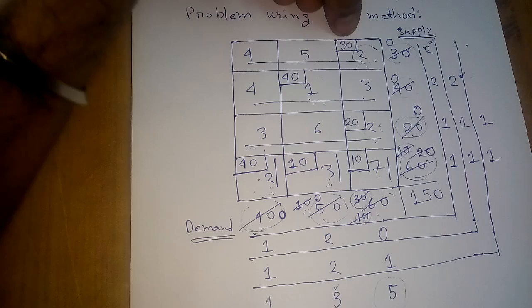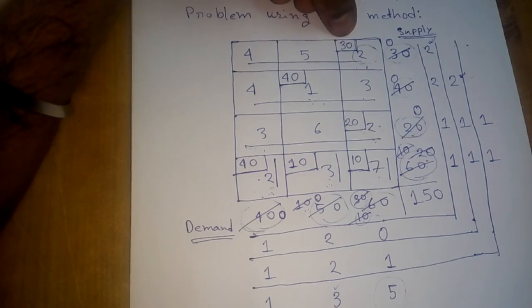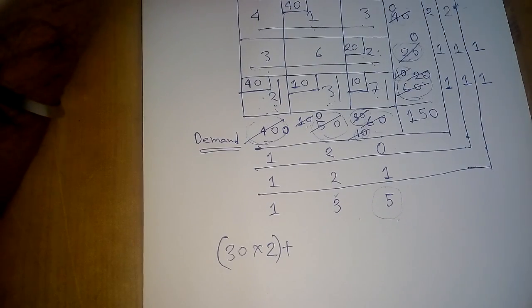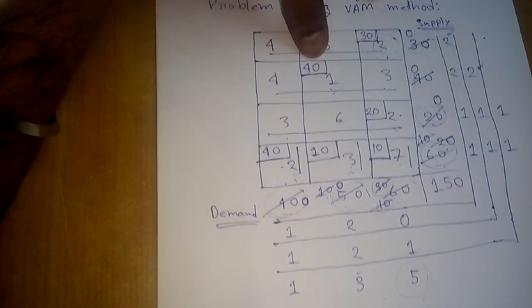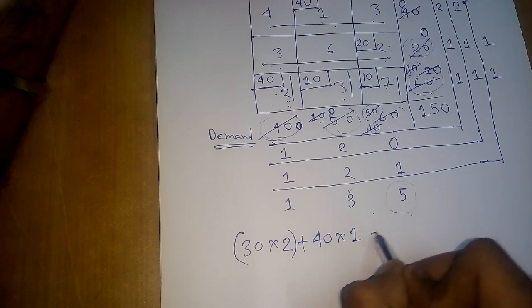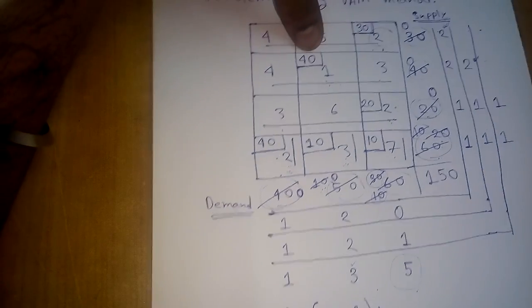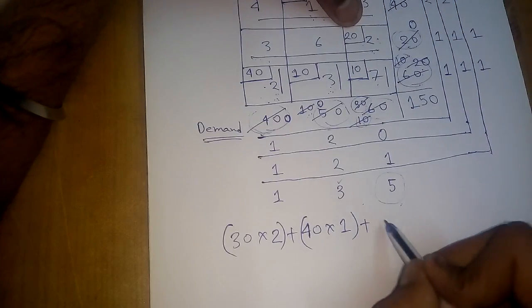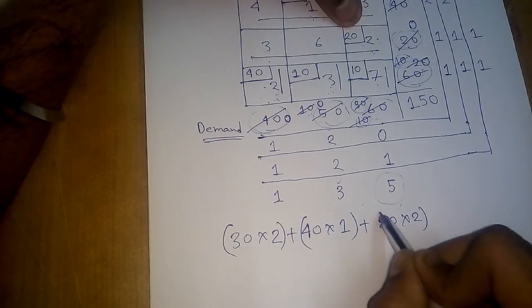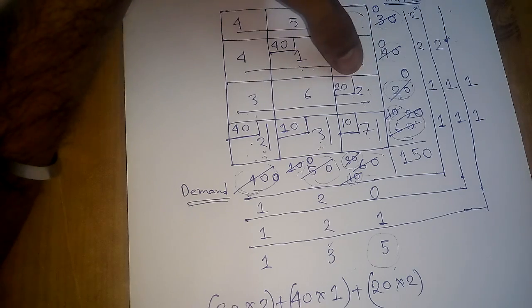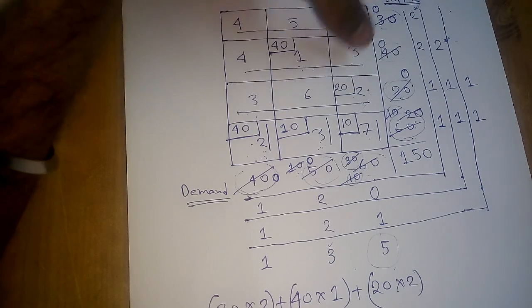that is 30 into 2 plus, then we got 40 here, 40 into 1 plus, then we got 20 into 2, the value here is 2, so we have to multiply 2 into 20.